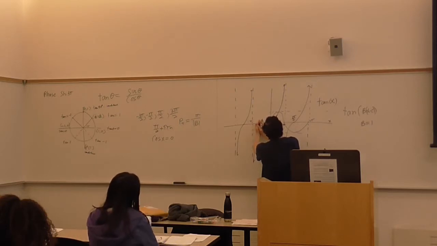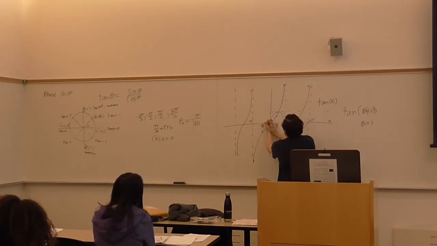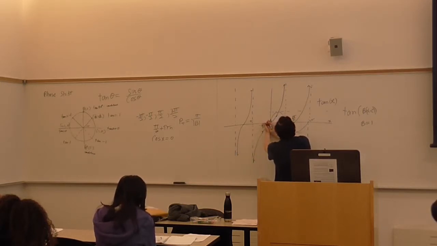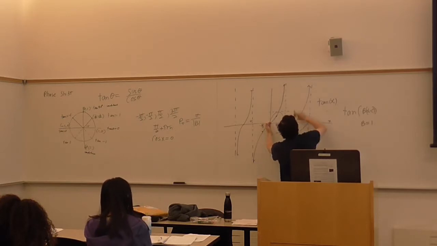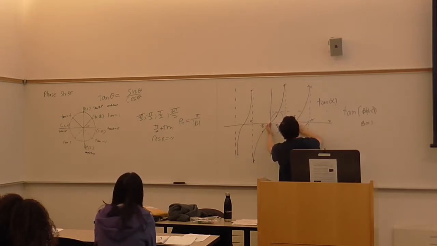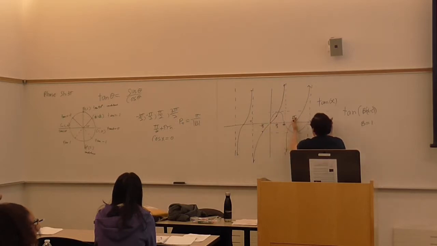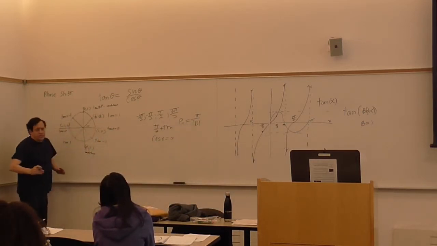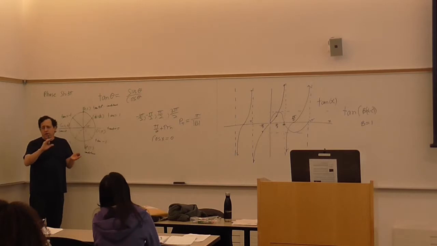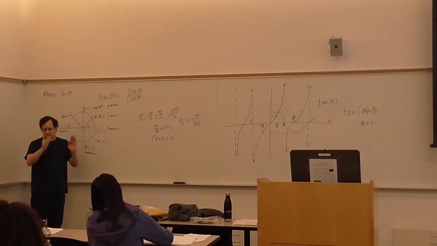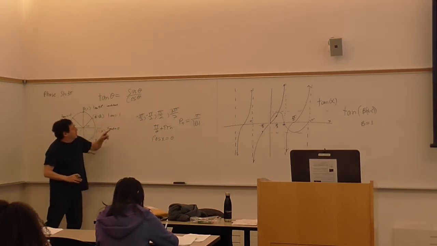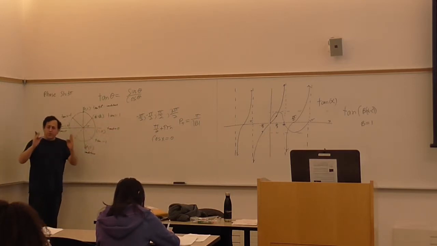The tangent only takes, I mean, we could start anywhere, it's periodic. We like to start here because it's not defined here, but we could start here. It kind of goes up, and then it comes from up to here, right? And then it repeats. That only takes pi. So what I'm trying to show here is that because the sine and cosine go up and down out of phase, when you combine them in this way, you actually decrease the period.